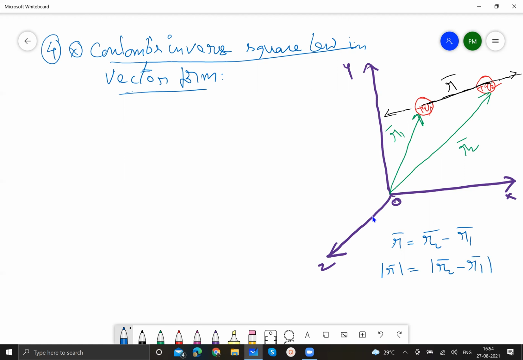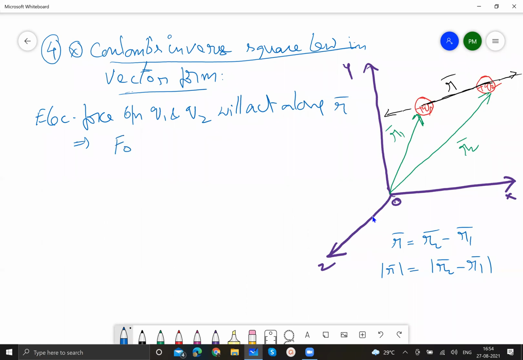And one more thing, the electrostatic force between these two charges q1 and q2 will act along r bar, which implies if you want force in vector form, then you can multiply the magnitude of force with the unit vector along the force direction.